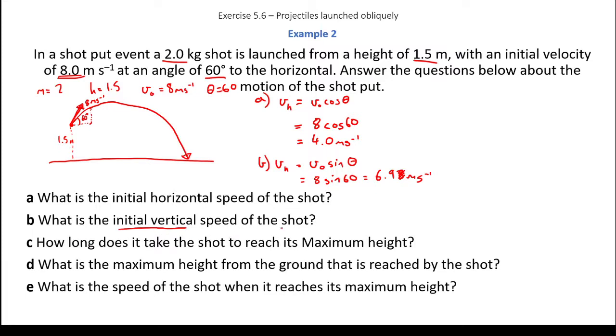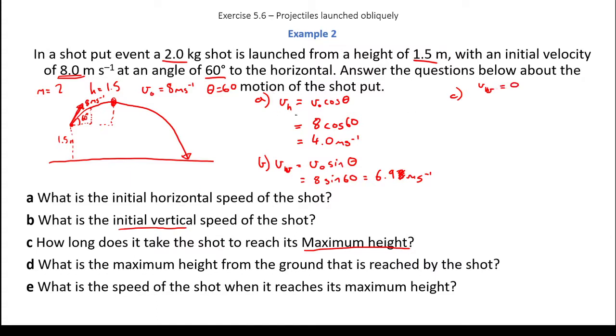How long does it take the shot to reach its maximum height? Well, let's have a think about this. When it gets to its maximum height, up here, its vertical velocity is equal to 0.